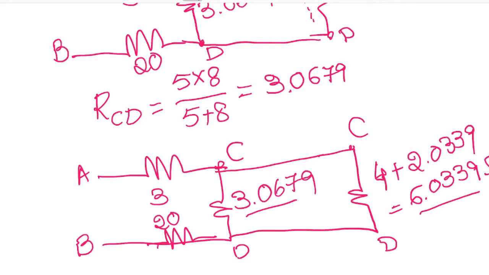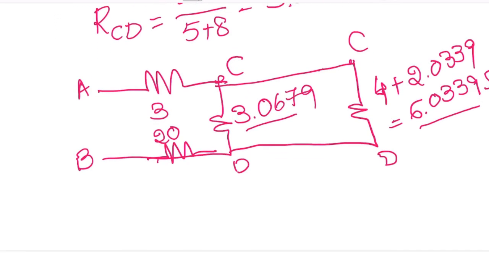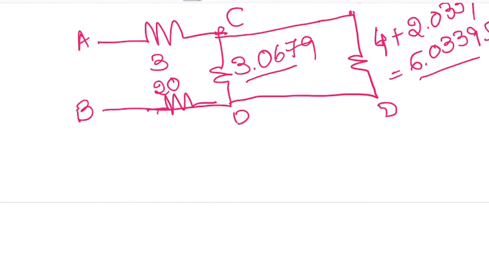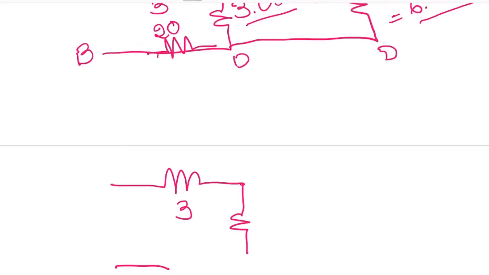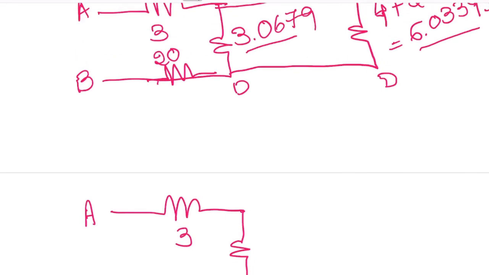If you carefully observe, this 3.0679 and this 6.0339 are in parallel. If two are connected in parallel, the equivalent resistance is R1 R2 by R1 plus R2. This is A, this is B, and this is 20 ohms.